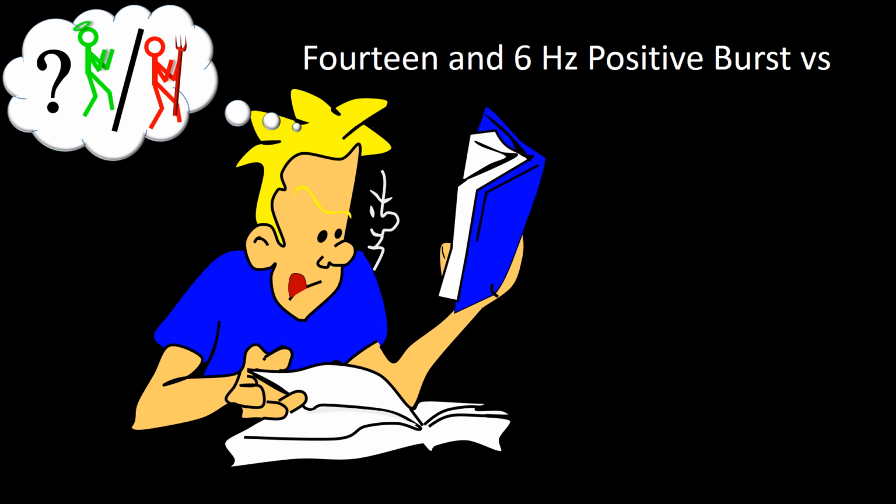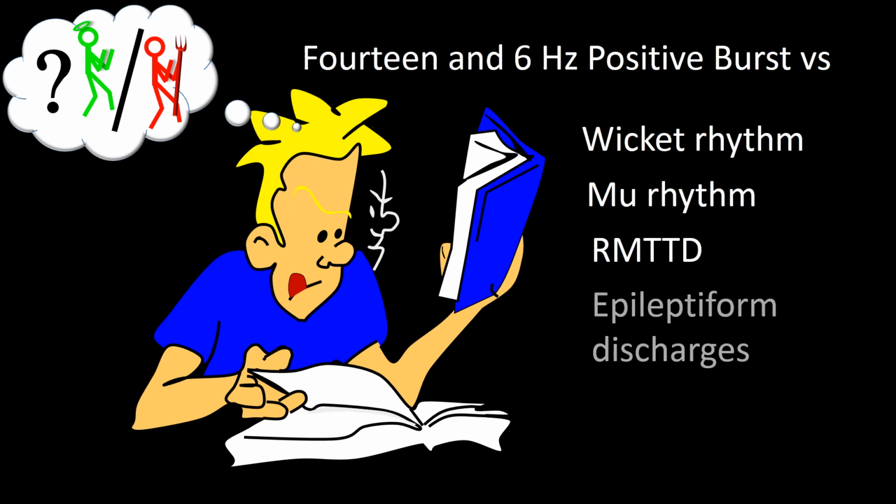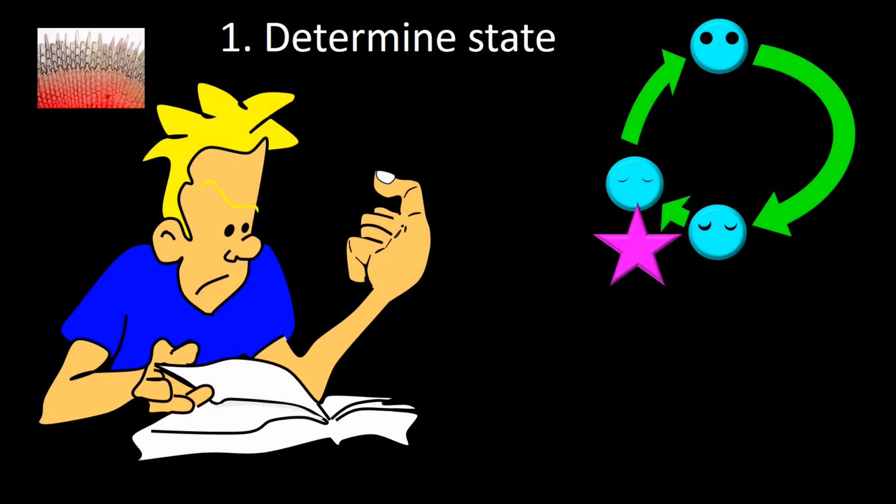14 and 6 Hz positive bursts must be distinguished from wicket rhythm, mu rhythm, rhythmic mid-temporal theta discharges, and epileptiform discharges. They tend to occur during drowsiness and early sleep.